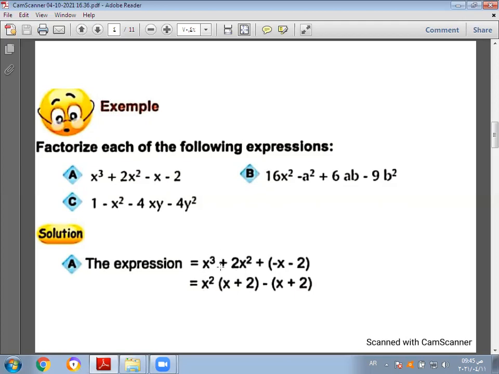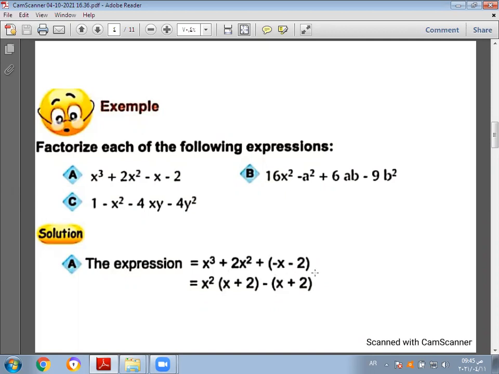Now we take x power 2 from the first term. If we take x power 2 from x power 3, it means x power 3 divided by x power 2 will be x. The remainder will be x. Here, 2x power 2, if we take x power 2, the remainder will be 2, only 2. Then x power 2 multiply x plus 2.